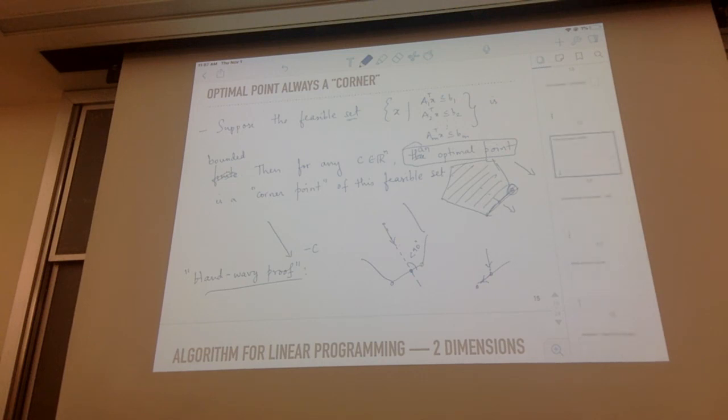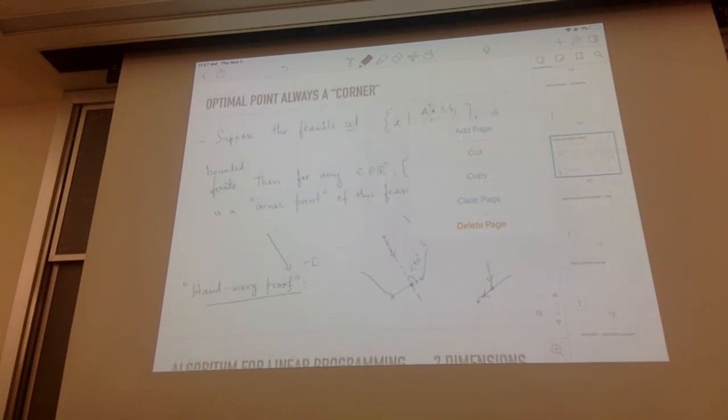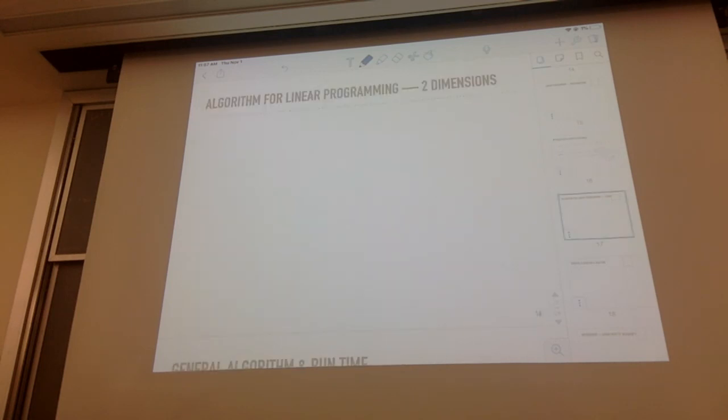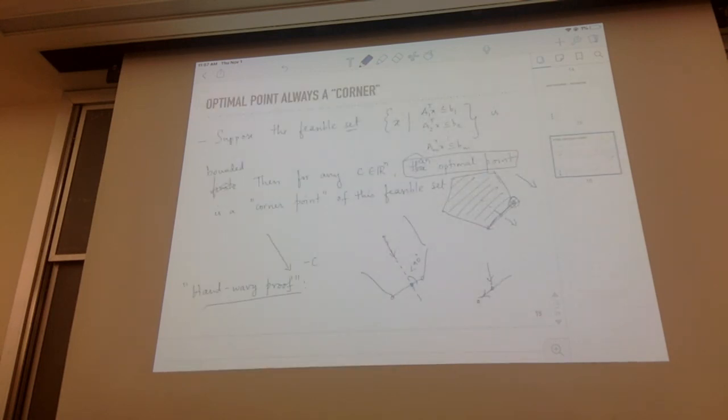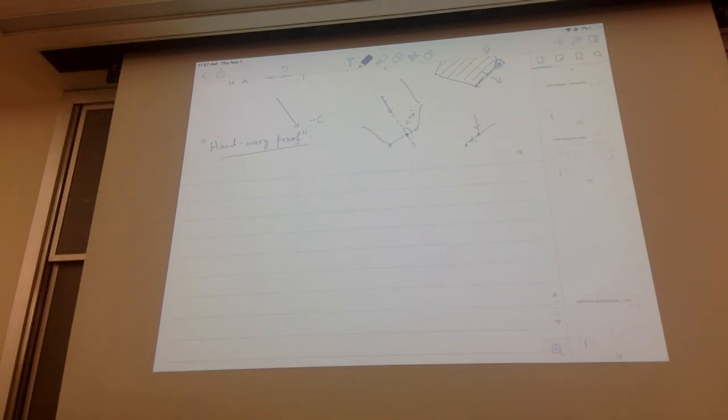We are using the fact that if you try to go down along this direction, and maybe you had a feasible set that looked like this, and maybe your direction of optimization is something like this.